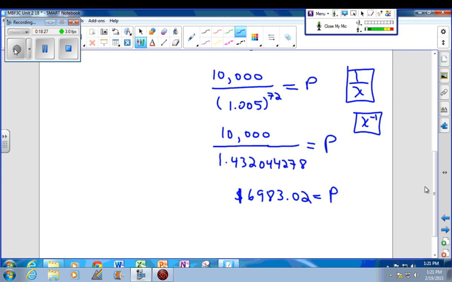Remember, she wants to give her grandson $10,000 when he turns 16 in 6 years. She has some money. How much does she have to put in a bank in a guaranteed investment or term deposit or one of those investment things, right? And that's how much it is. It's just a little under $7,000, $6,983.02.